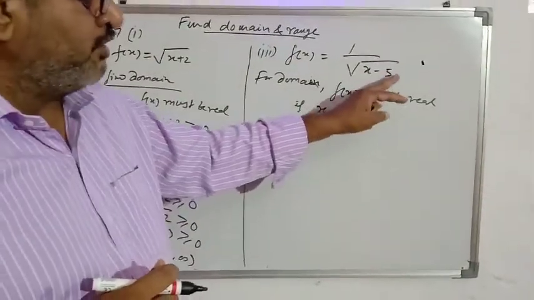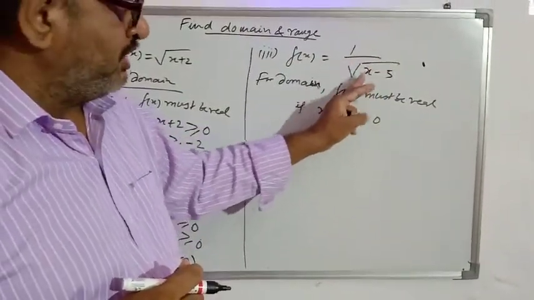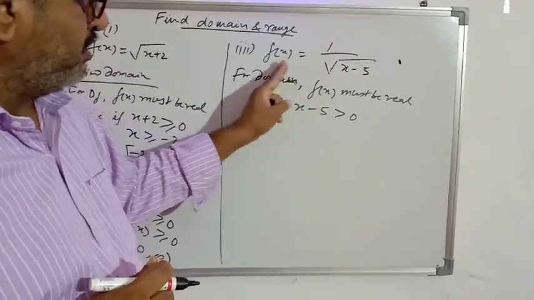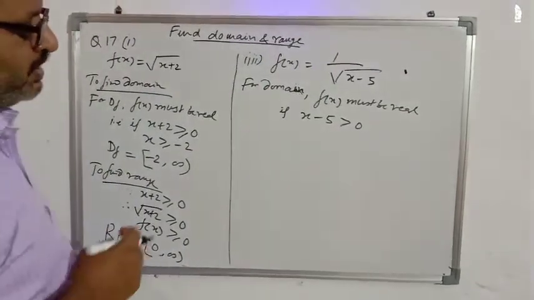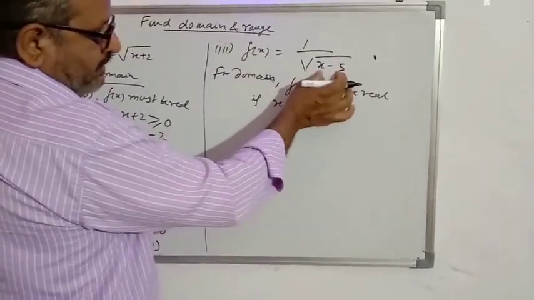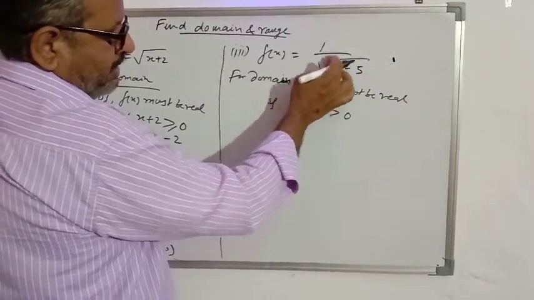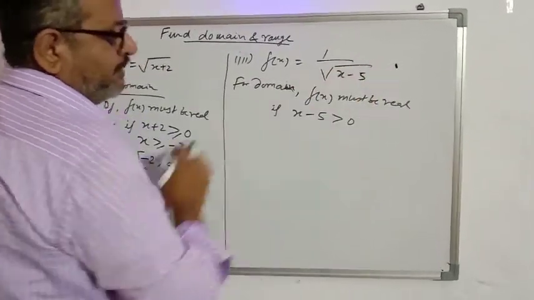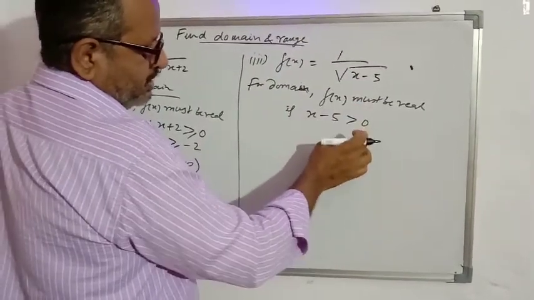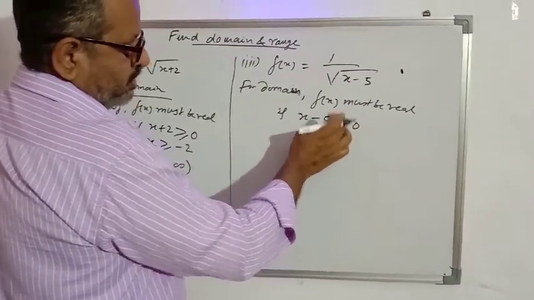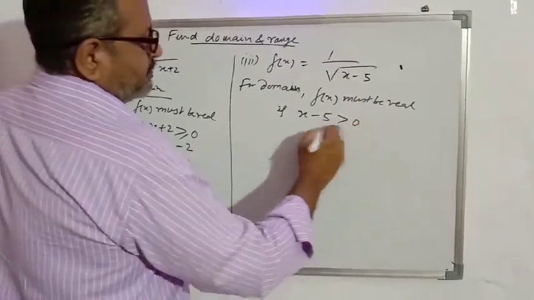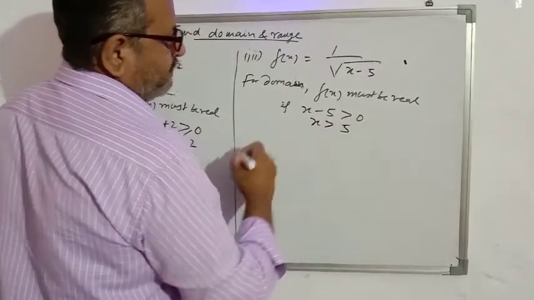The denominator x minus 5 cannot be 0, because if the denominator is 0, 1 upon 0 is undefined, and we will not get real values of f(x). And x minus 5 cannot be negative, because we cannot take the real root of negative numbers. So x minus 5 must be positive, greater than 0, not equal to 0. Transposing 5, x is greater than 5.